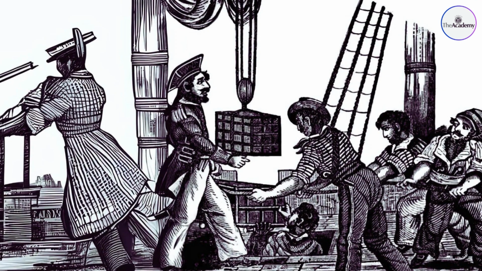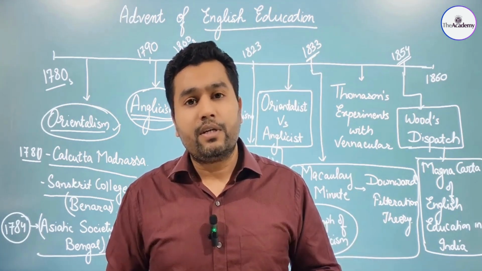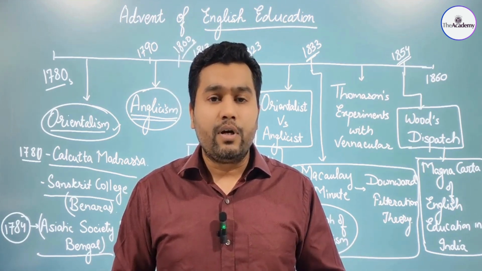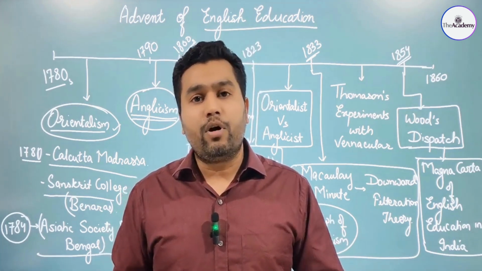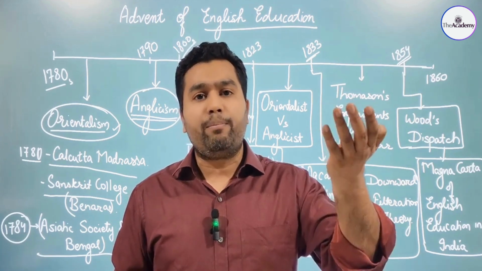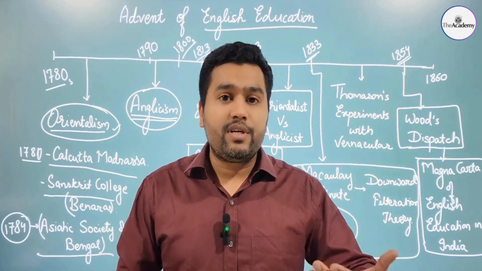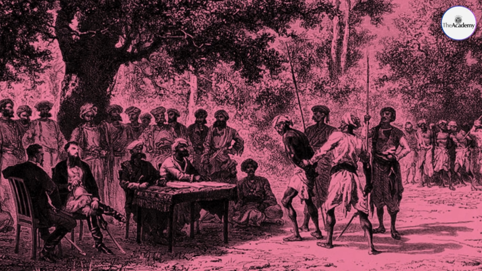So Charles Grant believed that if the English officials were convinced, or made to believe, that the ultimate objective of English rule in India was to morally and spiritually uplift India, they would have more stakes in administering justice properly.